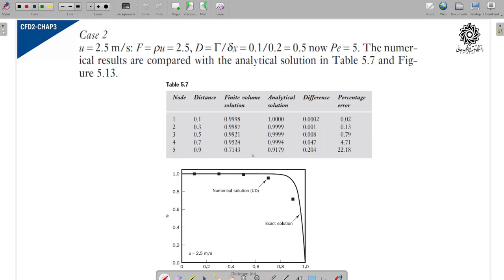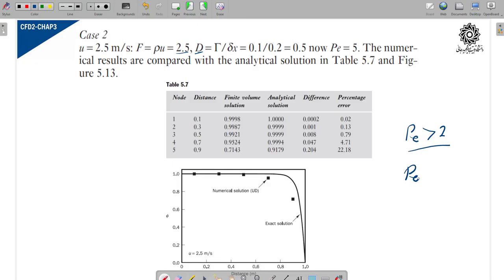In case 2, u equals 2.5, F equals 2.5, and D does not change because delta x and gamma are constant. Therefore, the Peclet number is 5, which is greater than 2.